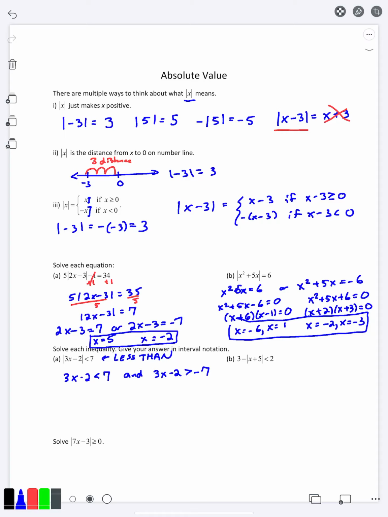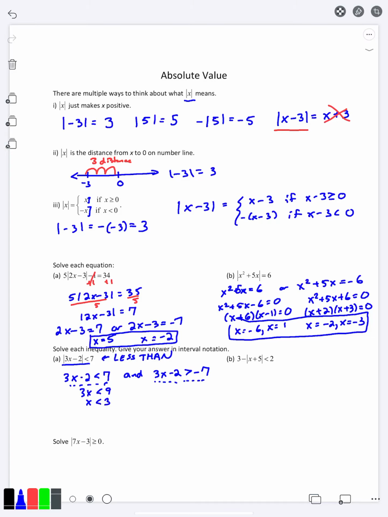Whenever you have any absolute value less than a number, this is how it works. You rewrite the problem by removing the absolute value signs. Then you rewrite the first part, flip the less than to a greater than, and flip the positive to a negative. Then we go ahead and solve each one of these separately. Add 2.